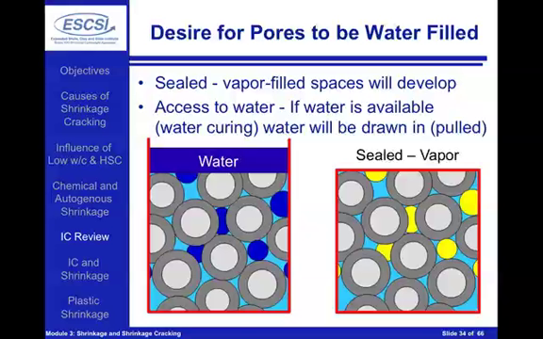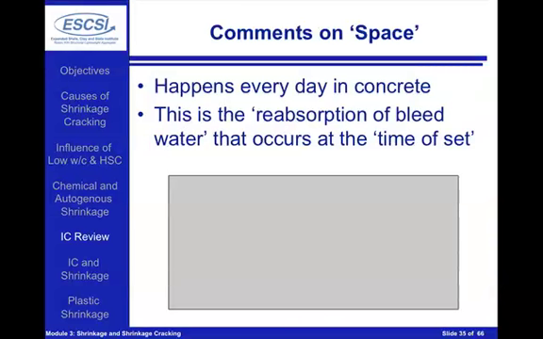And in our right-hand image, those vapor-filled spaces are essentially the yellow spots that are forming inside of the system, where the aqua is essentially the original water, and the grays are essentially the cement particle, and the darker gray is the hydration products that are forming. So the real difference here is with external water curing, we're going to draw water in or suck water in from the outside, but in the sealed case, we're going to have the system undergoing some self-desiccation where vapor-filled spaces are forming inside of the concrete.